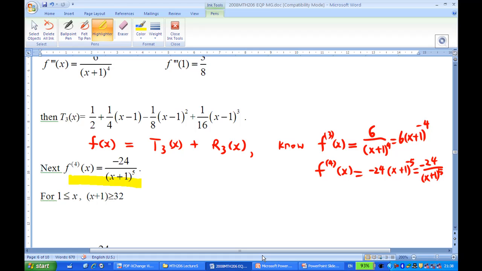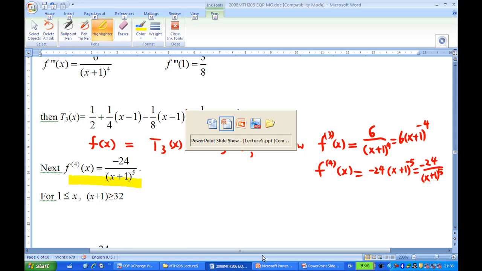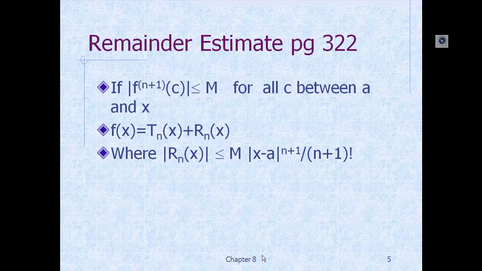Let's look at the PowerPoint slide again, because we are going to estimate the point c. The point c in this case is a point between a and x, where a is 1.